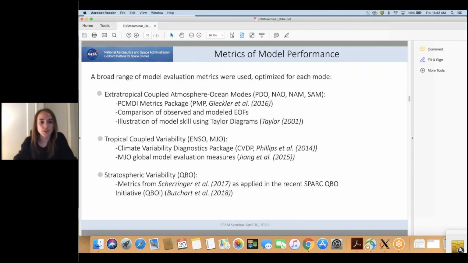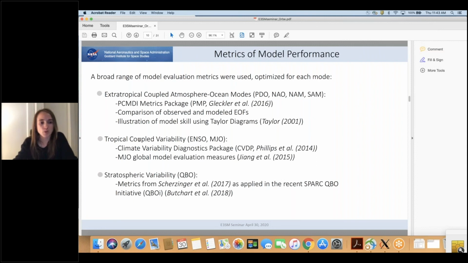So in terms of the metrics that we used, these also were tailored to the particular mode that we were considering. For the extratropical modes, we utilized the PCMDI metrics package, performed comparisons of both the observed and modeled empirical orthogonal functions, and skill was illustrated primarily through use of Taylor diagrams where we can see a gross representation of the progression from CMIP3 to CMIP5 and then to CMIP6.